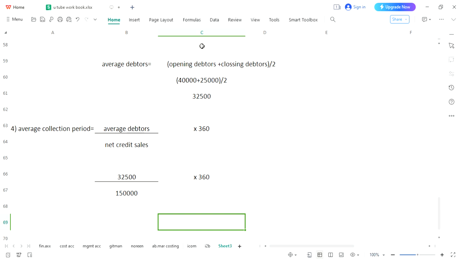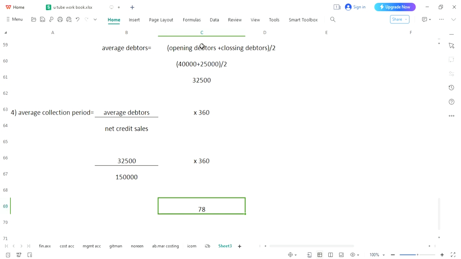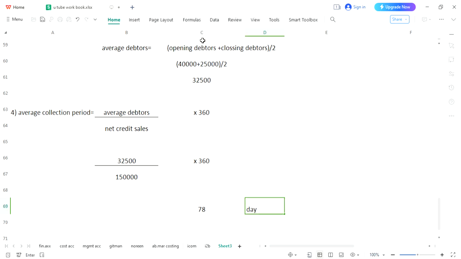Finally we will calculate it: average debtors divided by net credit sales, then multiplied by 360. So we have got our answer, 78 days. Again, please note it down.